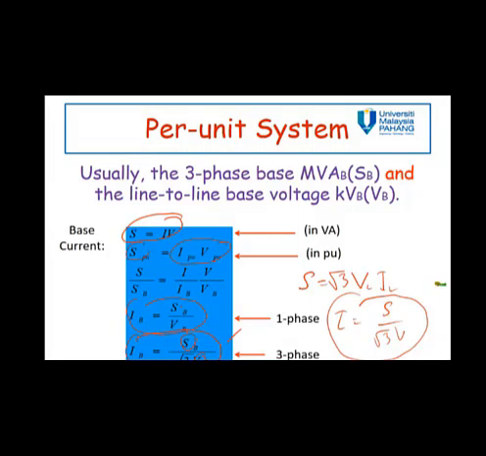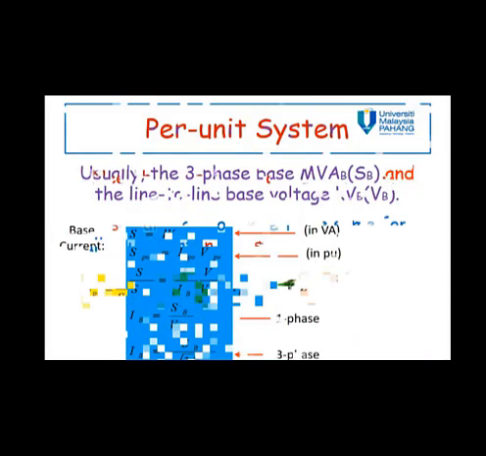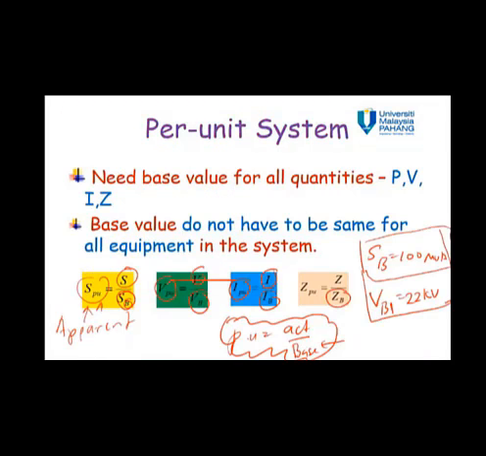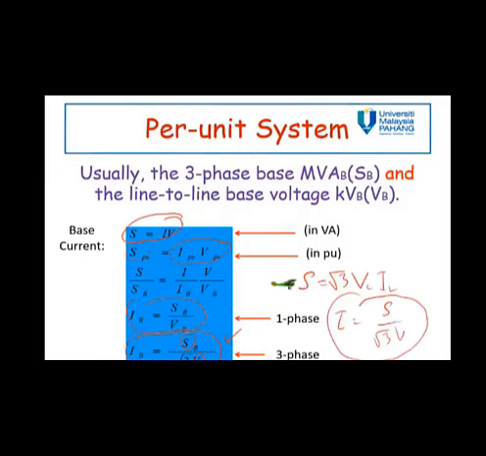That's why we get this equation. This is how we calculate I base. Why do we have to calculate I base? To convert I into the per unit value, or to convert the per unit value into the actual value.